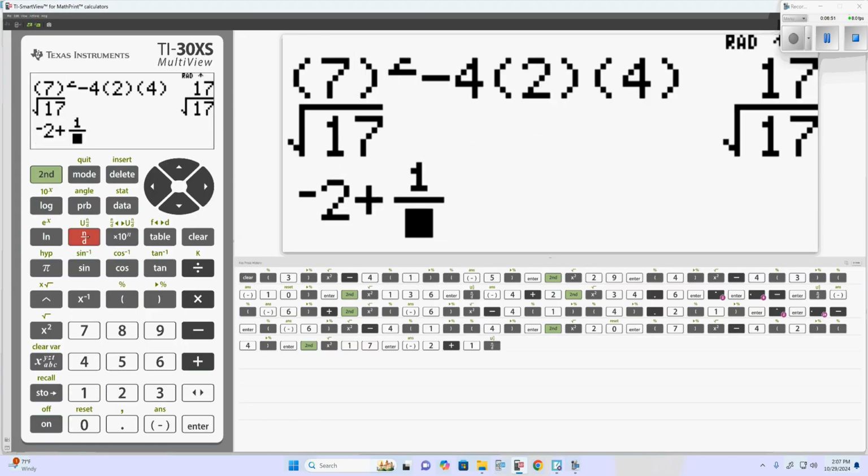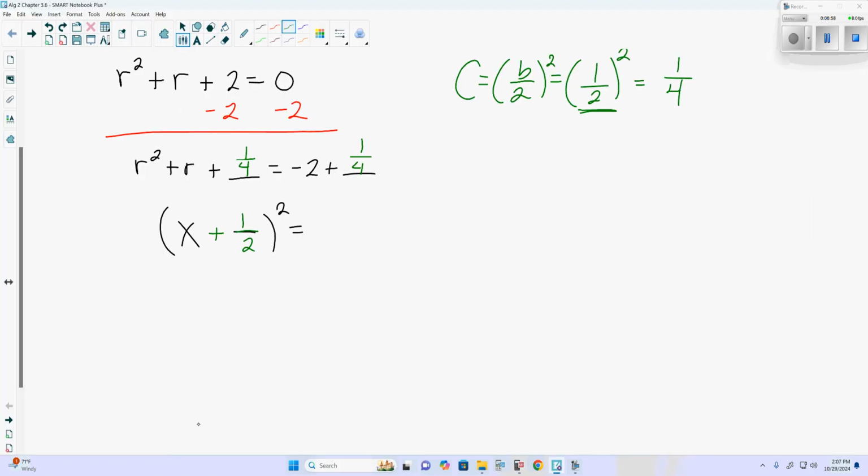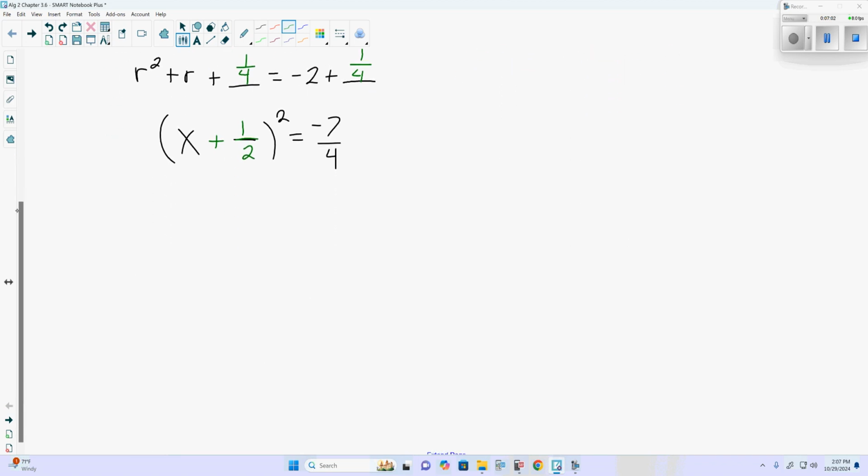Negative 2 plus 1/4 is negative 7/4. Questions on how we got to this point here?